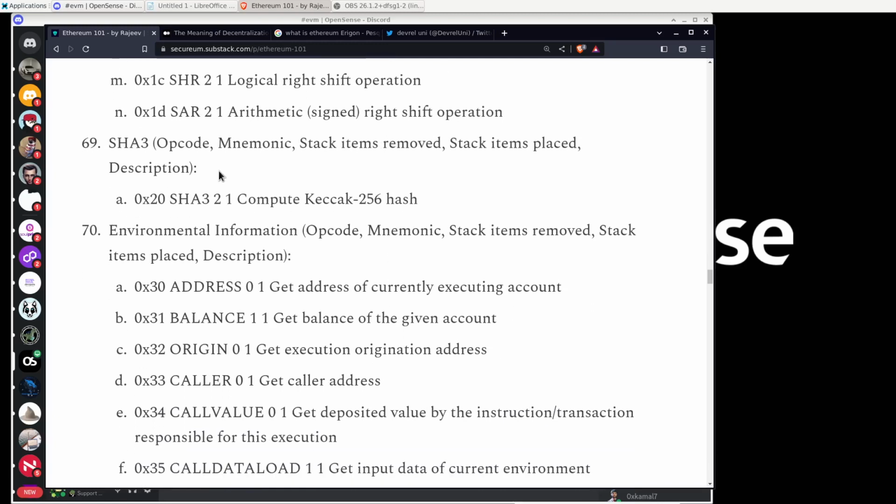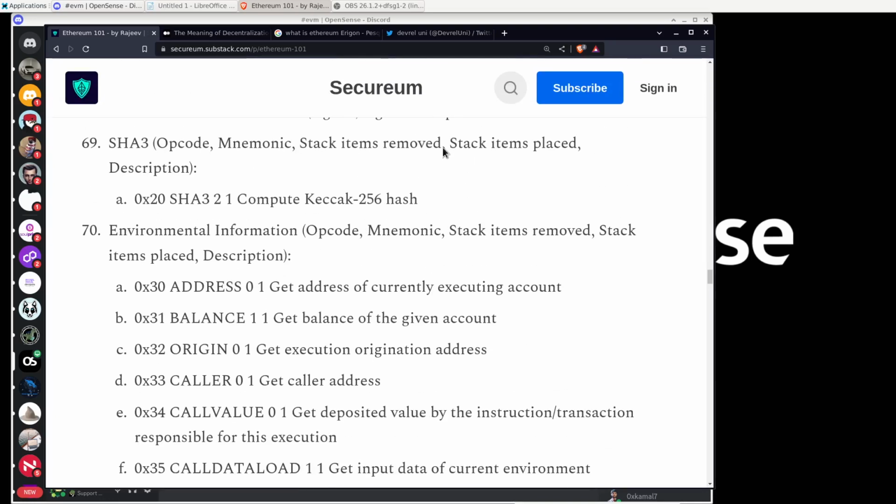Then SHA-3 mnemonics. Let's take a look.